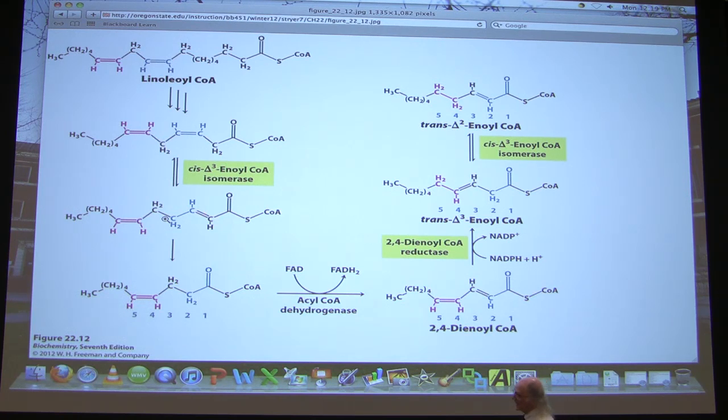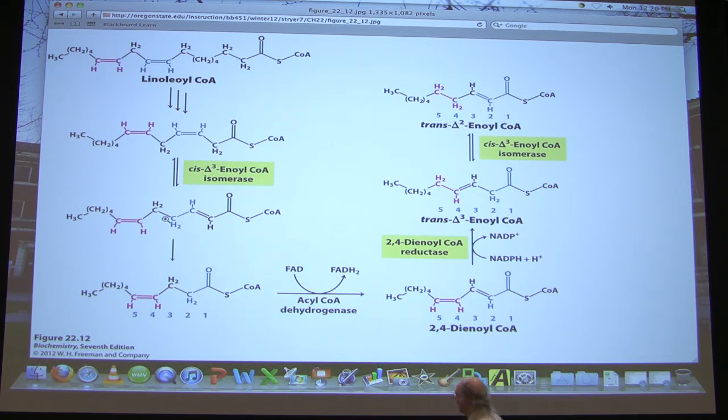It does exactly that. The next step that will happen is we will add water across this double bond. And when we add water across that double bond, we will oxidize it, and we will ultimately break this guy, 1, 2, 3. We're going to break this guy right here. When we do that, and there should be a couple of arrows here indicating we've got a couple more steps to get to here, we're left with this guy.